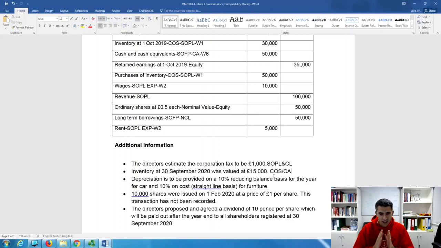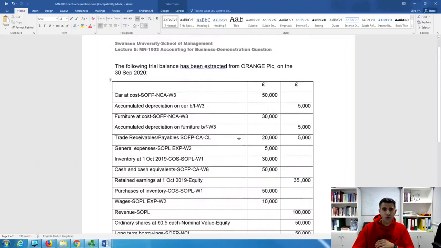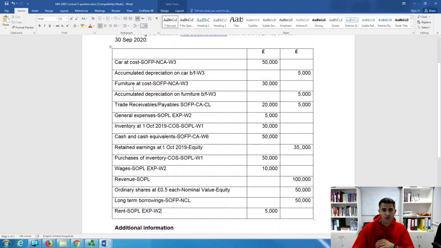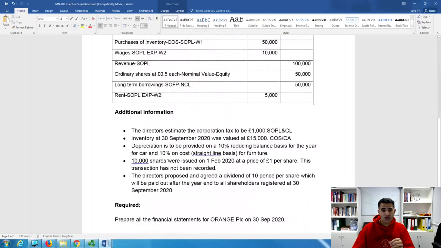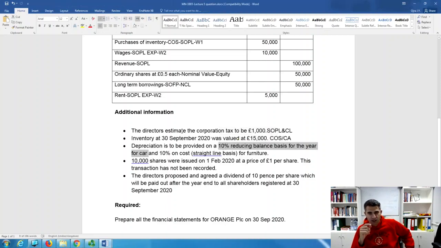In the question we've got 2 non-current assets, the car and the furniture, and we should calculate depreciation on them for this year. The question tells you to depreciate the car based on the 10% reducing balance method.